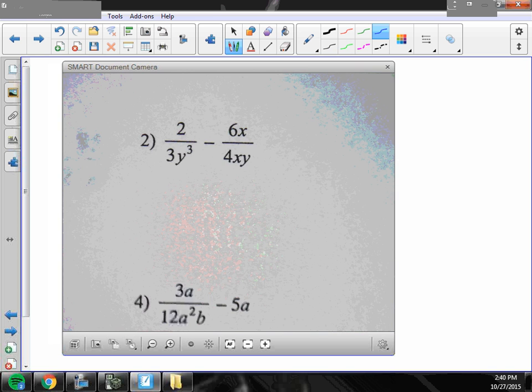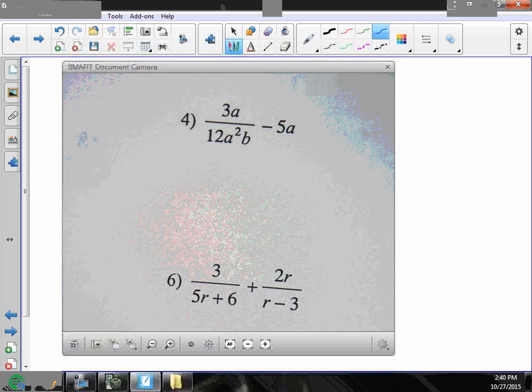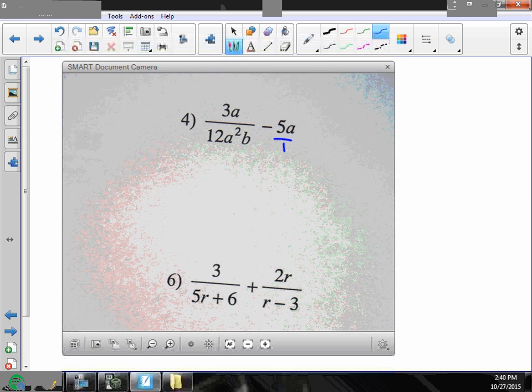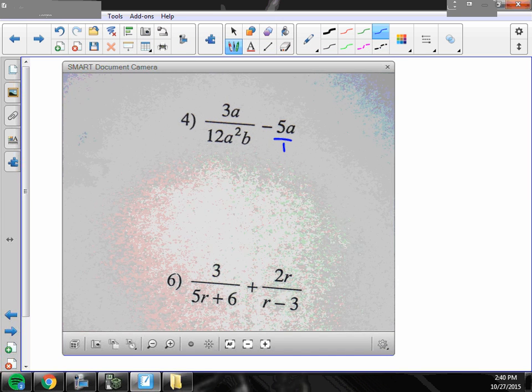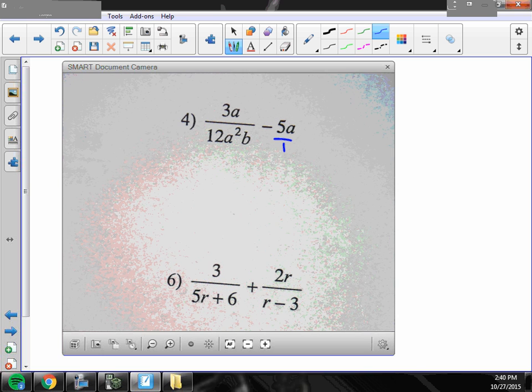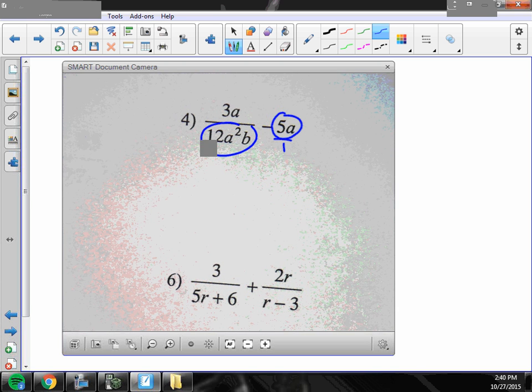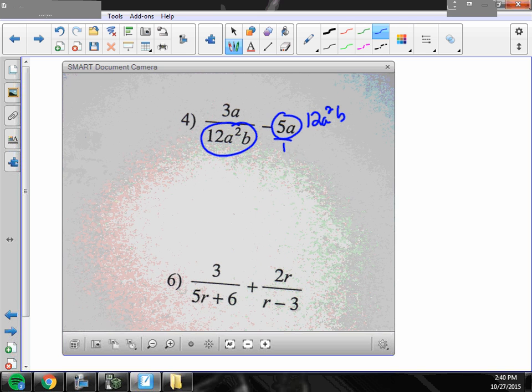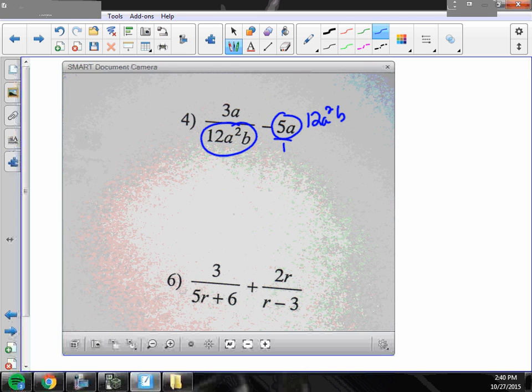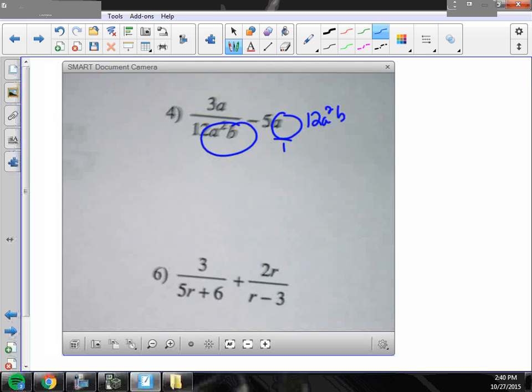What about number 4? What do you do when one of them is over 1? Just multiply this side by that denominator. So this needs everything, 12a squared b. And then you'll simplify.